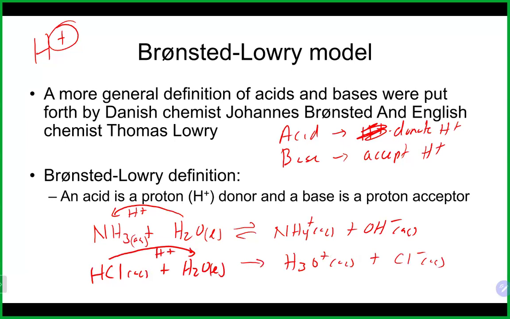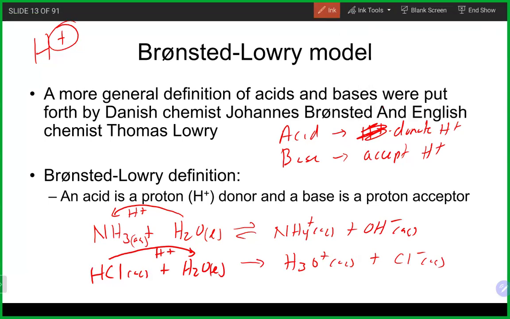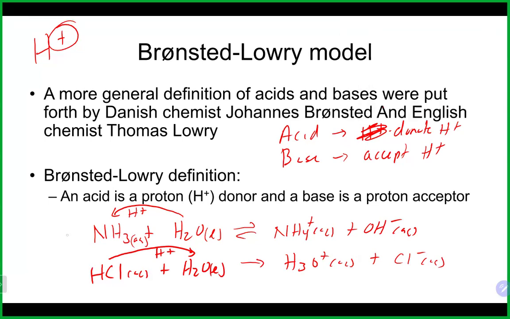We see a couple of things here. First off, we see an acid and a base. In the top reaction here, the NH3 is accepting the H plus. So the NH3 here is our base. The water is our acid. But in the second one, it is the water accepting the H plus, which means in this case, it is the water that's the base, and the HCl is our acid.